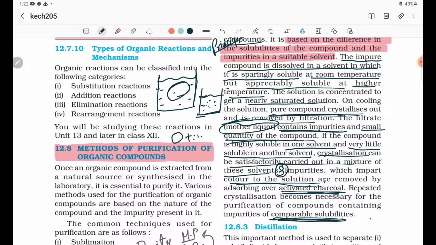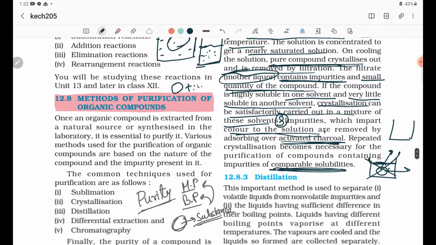Suppose a solvent is taken, and this solvent contains an impure compound. The compound is soluble, and the impurities are also soluble. Then you cannot separate them. You need a solvent where the impurities have comparable solubilities differently.